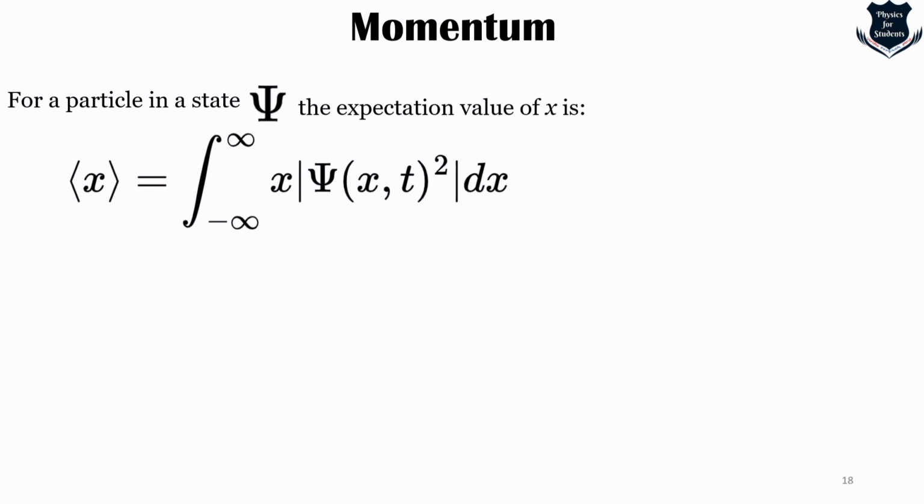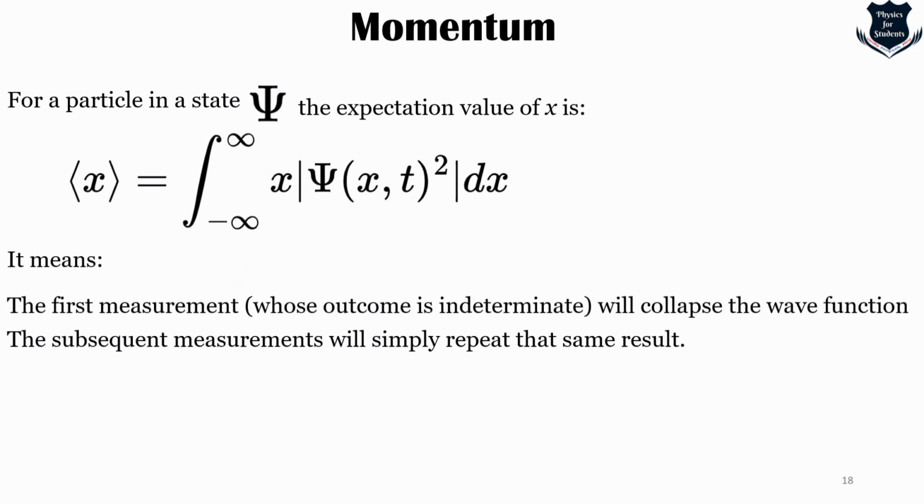Now, what does this exactly mean? Obviously, it doesn't mean that if you measure the position of one particle over and over again, the average of the results you will get is the same. No. On the contrary, the first measurement, whose outcome is more or less indeterminate, will collapse the wave function, which I was talking about, in a spike at the value actually obtained.